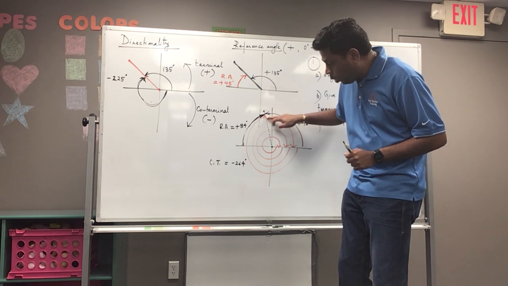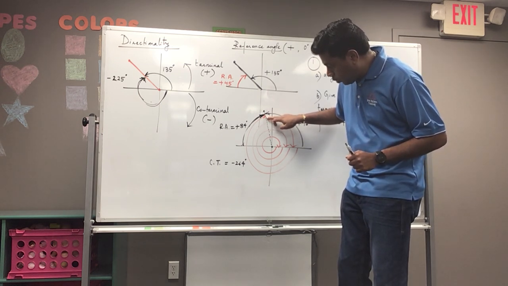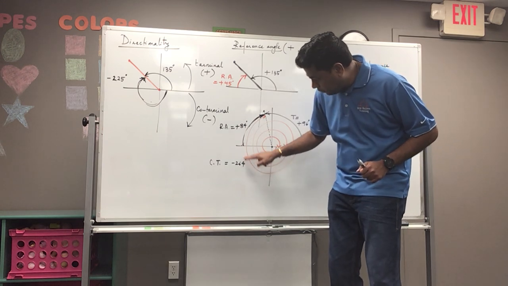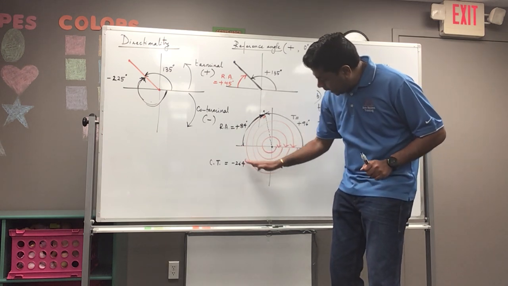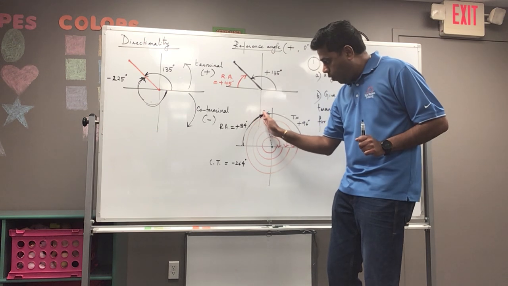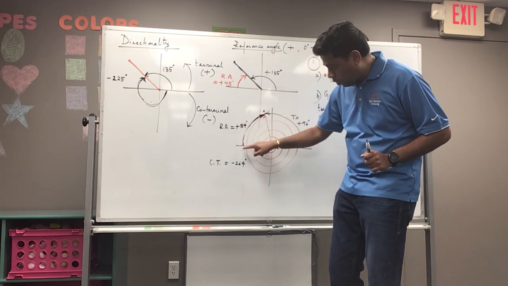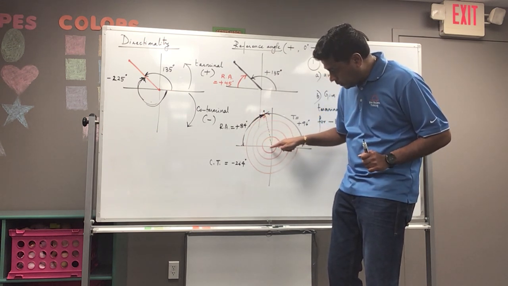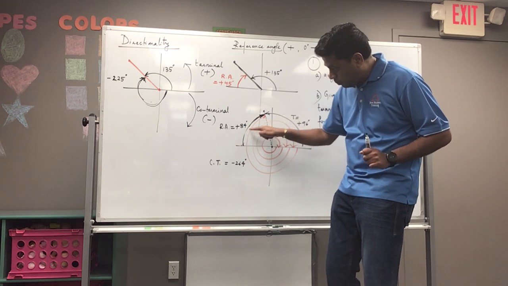Which is in the second quadrant. In the second quadrant, this was negative 264. So this is negative 180 and negative 84 to get to this particular point. So the reference angle is for the x-axis, which is 84 degrees here, positive.